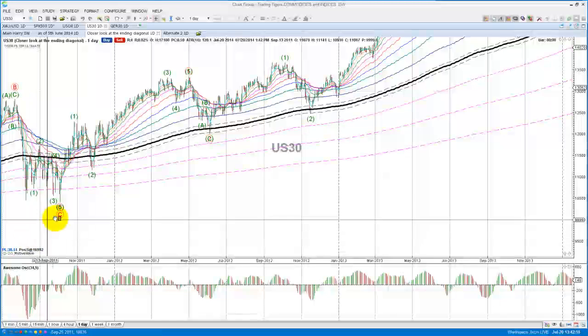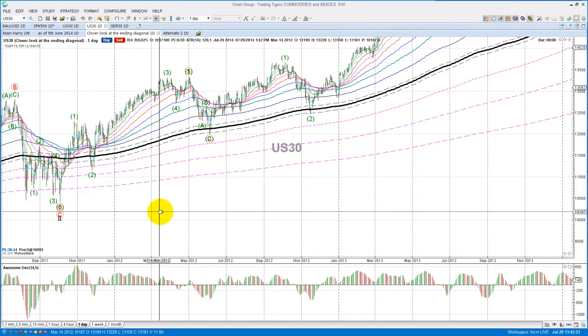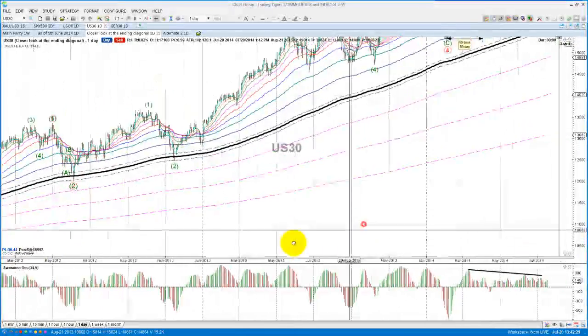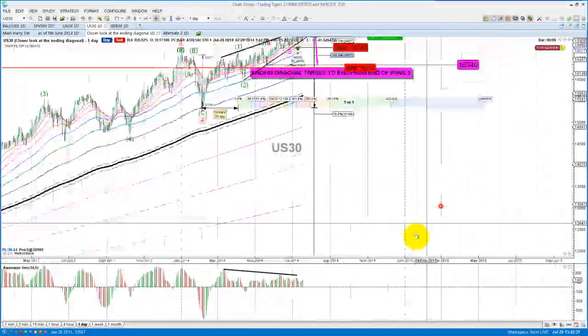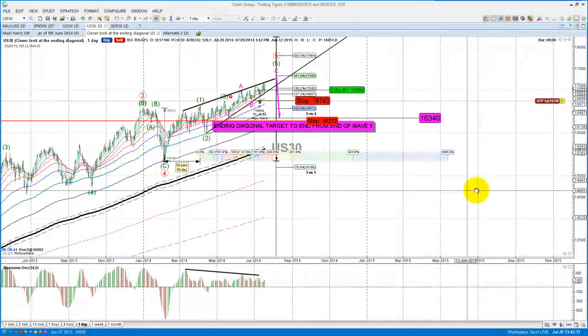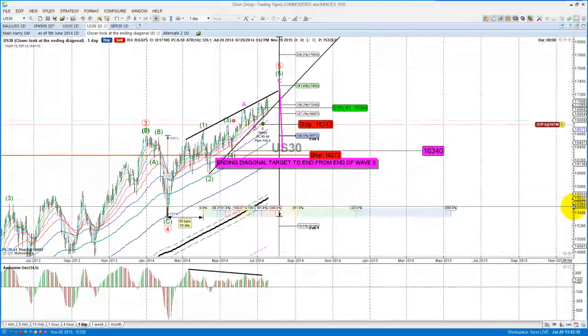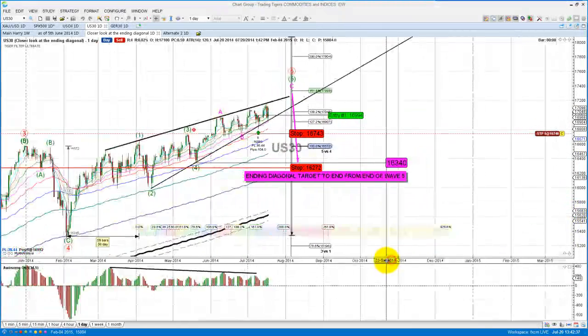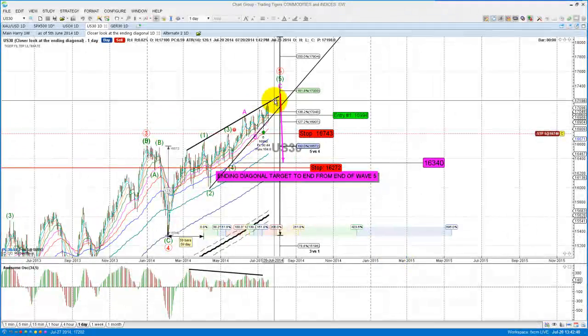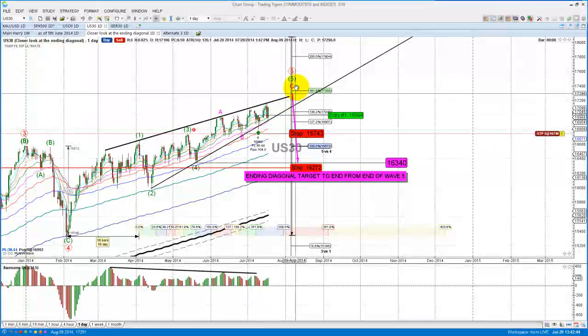So there's the wave 2 of the larger wave degree, which is the cycle degree, and therefore we're in a wave 3, and we know we're in a wave 5 of a primary, that's red in circles, and that's where the move of the ending diagonal is going to play out. Okay, so we've got that in play.